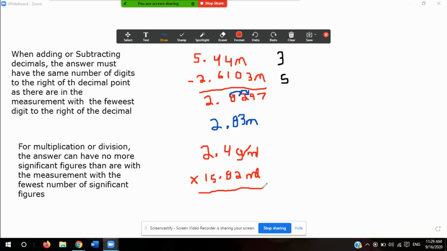And you're going to multiply 2.4 times 15.82, and your answer is 37.968.